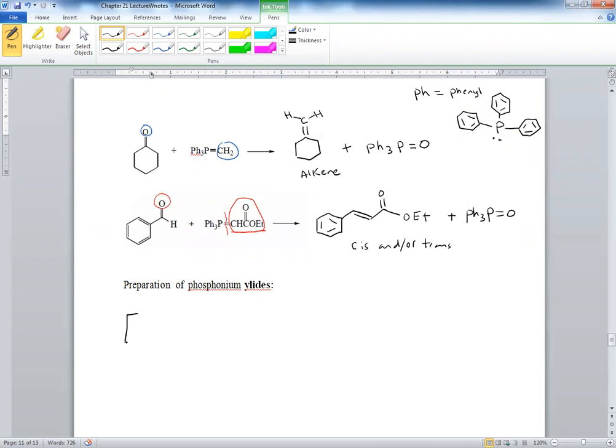So the phosphonium ylide looks like this, as we've shown. Ph3P has a double bond with a carbon. Of course, this has a resonance structure, and the resonance structure is those pi electrons shift back to the carbon because it's more electronegative.